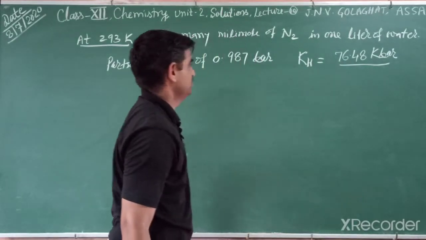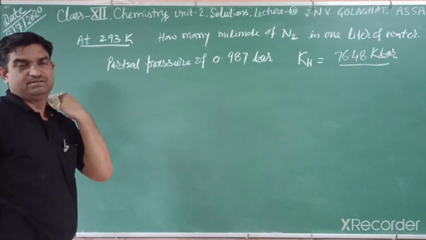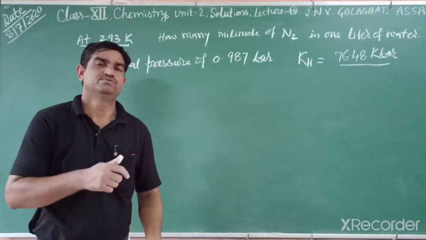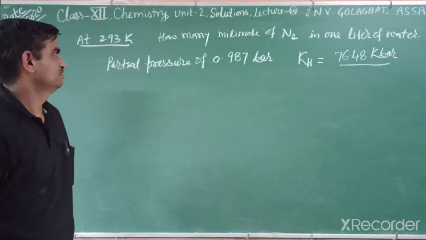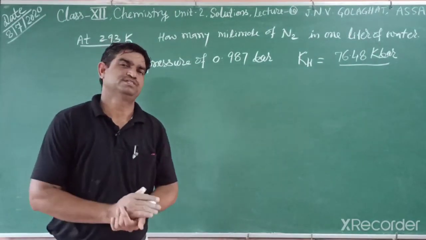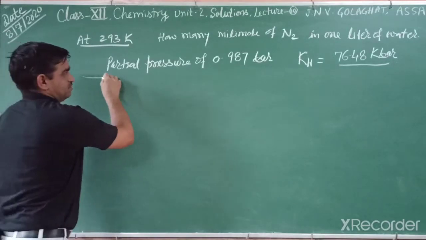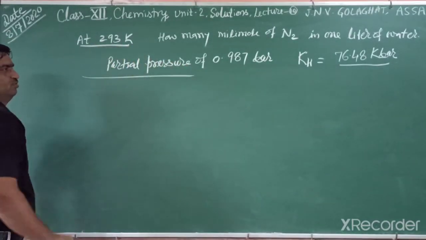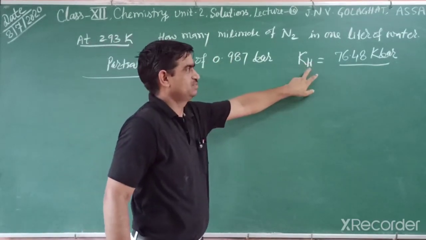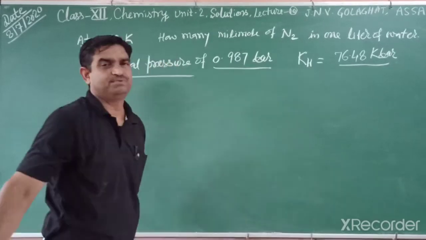So students, how can we solve this numerical? Before solving any numerical, we have to understand the question. We know the solubility of a gas is directly proportional to the partial pressure over the solution. First, see what data is given: the Henry's law constant and the partial pressure of nitrogen.